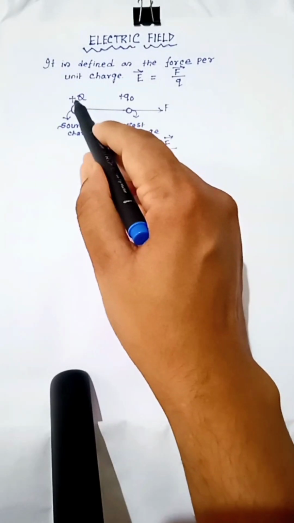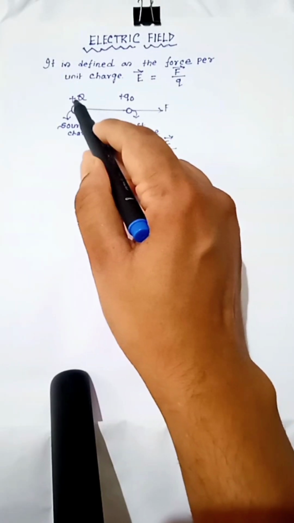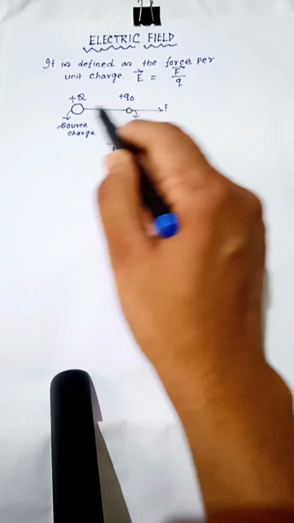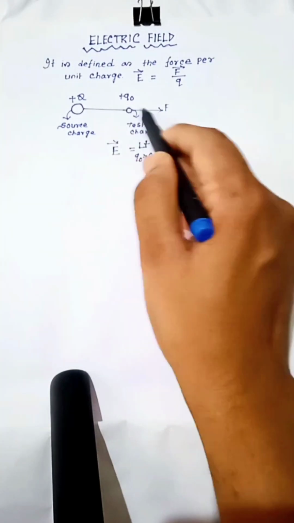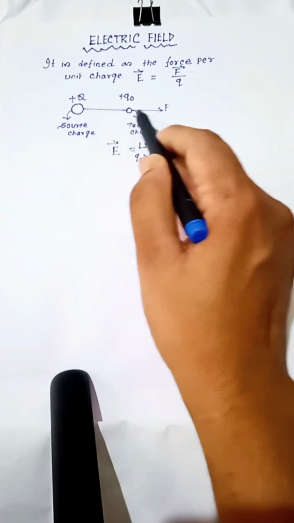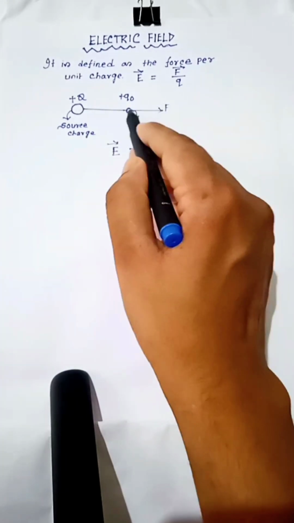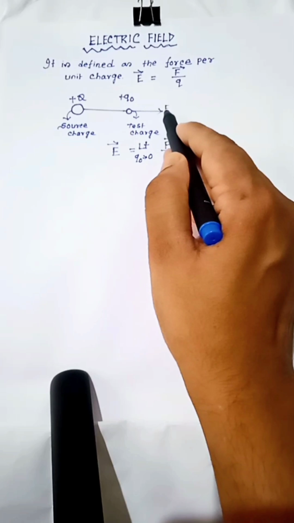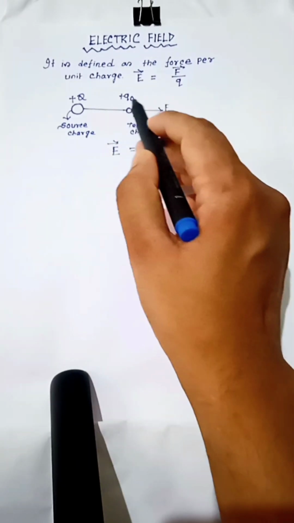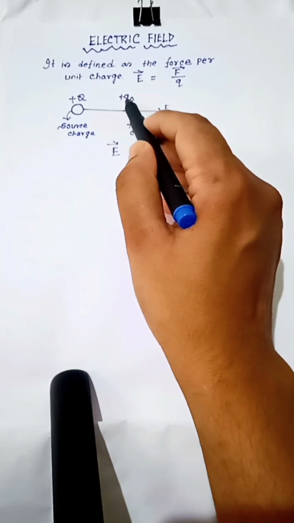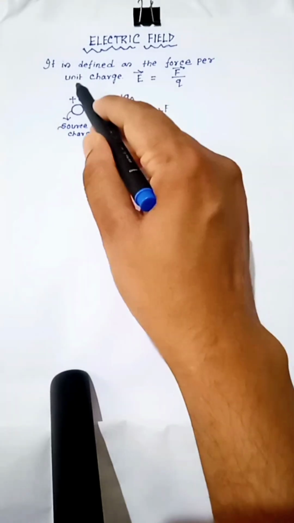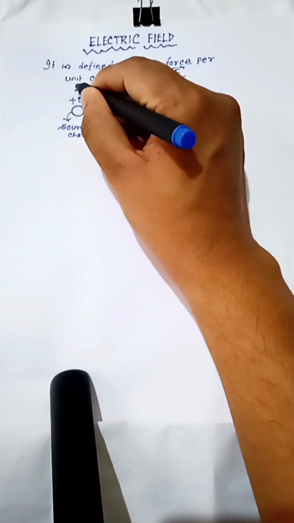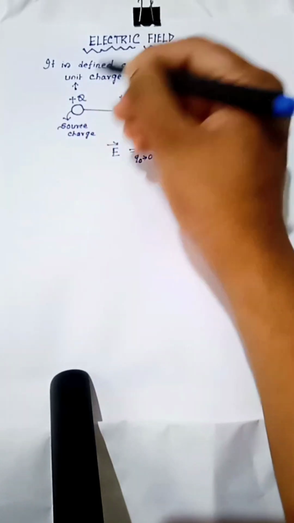Now look at this. Here we considered the source charge is plus Q and the test charge is also plus Q0. So as both the charges are like, there will be a repulsive force between them. This is the repulsive force F. So if we place this test charge here, then also the force will be along this direction.